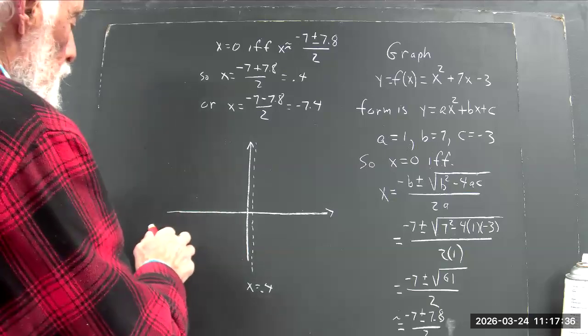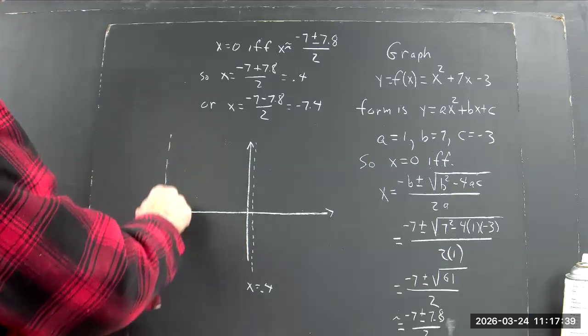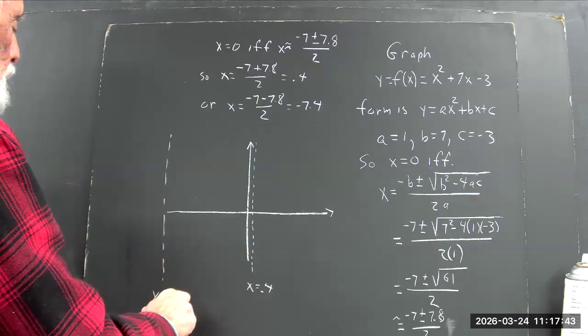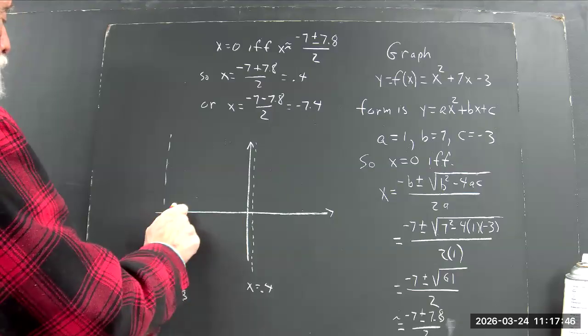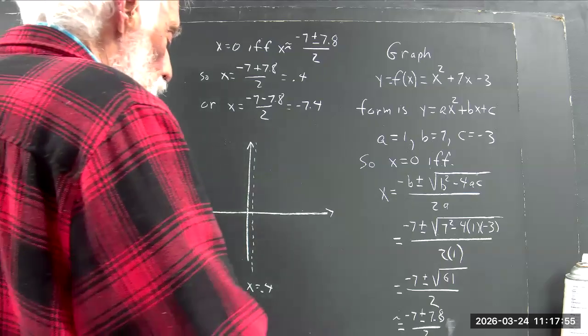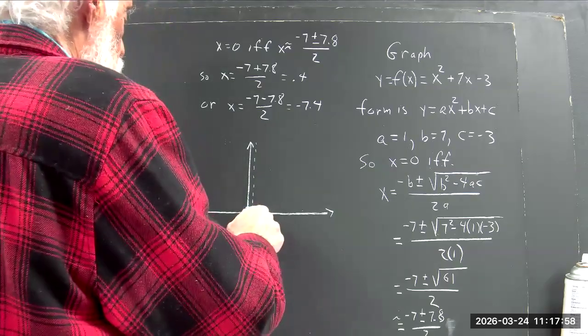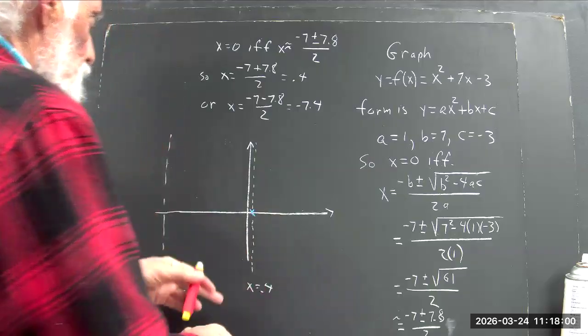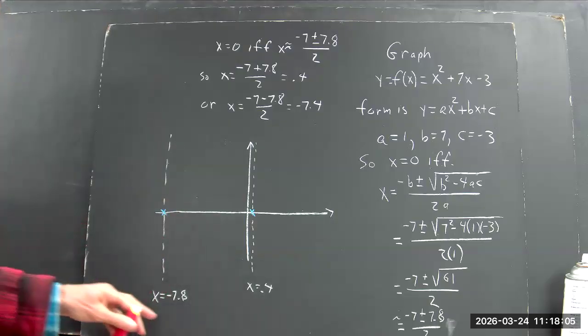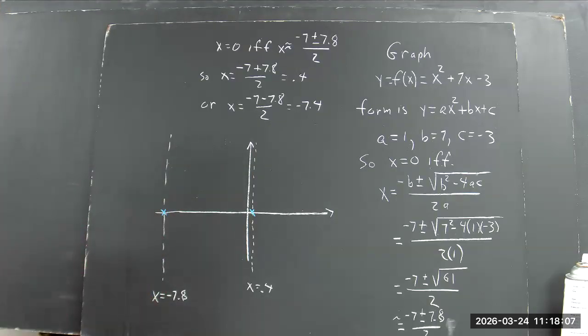And then over here, well to the left, where I think x equals negative 7.8 might be. I'm not sure my scale is totally consistent. It is somewhat reasonable. Then I'm going to mark a point on the x-axis where x equals 0.4 and a point on the x-axis where x equals negative 7.8. I know my graph is going to go through those 2 points.